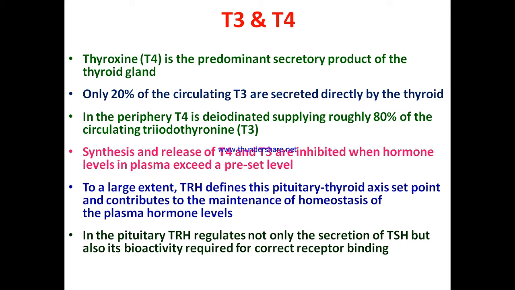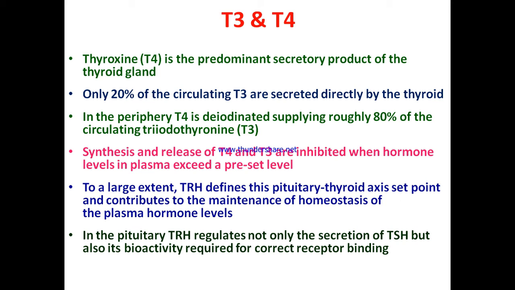To a large extent, thyrotropin releasing hormone controls the release of thyroid hormone from the thyroid gland. TRH set the level of thyroid hormones in blood through the pituitary thyroid axis. This contributes to the maintenance of homeostasis of the plasma hormone levels. To a large extent, the hormone level in blood is controlled by the thyrotropin releasing hormone from the hypothalamus.